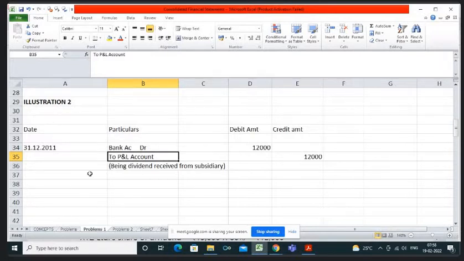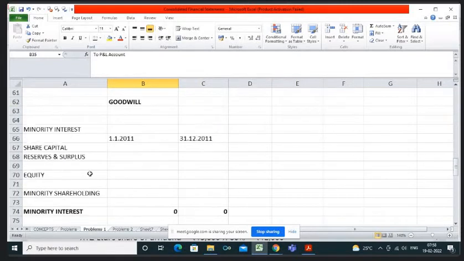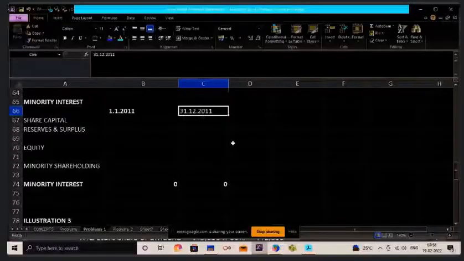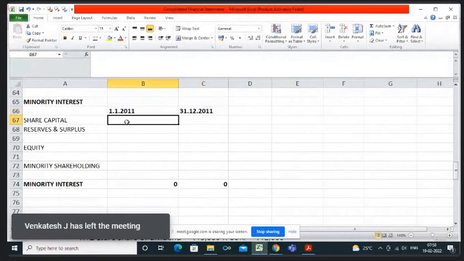Next, minority interest. How to calculate the minority interest and cost of control. So let's move on to the minority interest. We have to calculate minority interest for two different dates: the date of acquisition, which is 1/1/2011, and the date of consolidation, which is 31/12/2011.